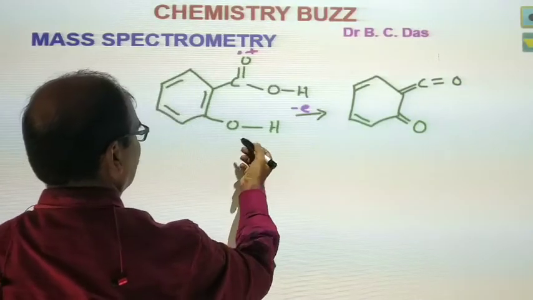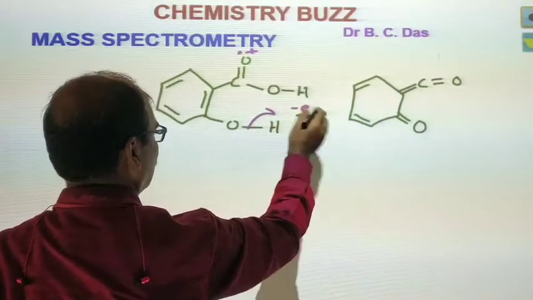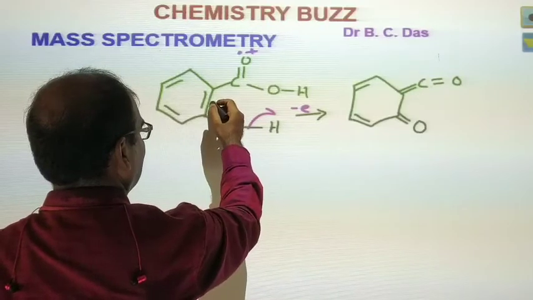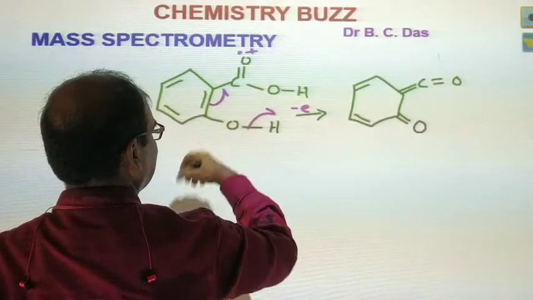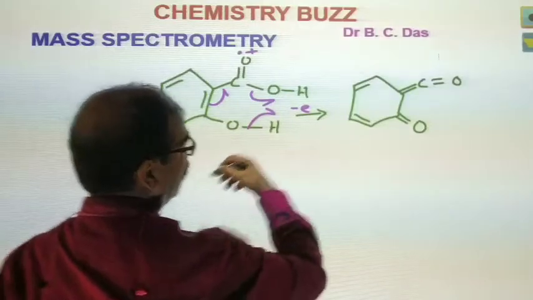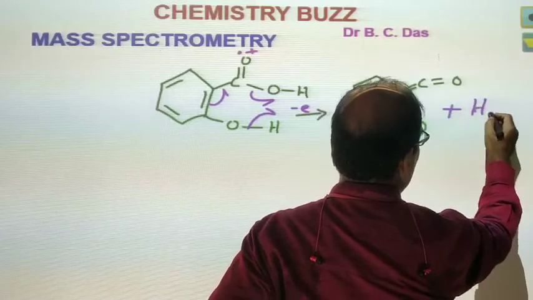So this bond breaks in this direction, the hydrogen goes away with its single electron, and this bond moves in this direction, and this moves in this direction. So this gives you the compound plus water.